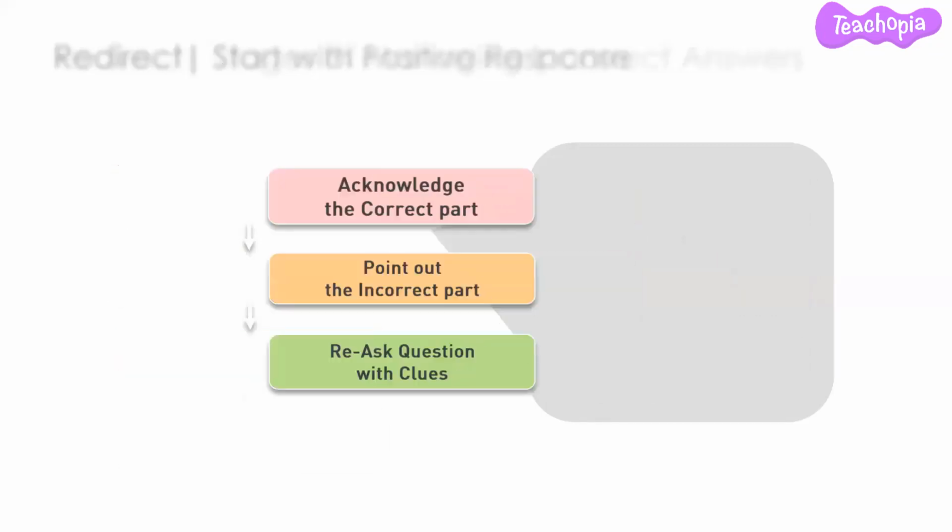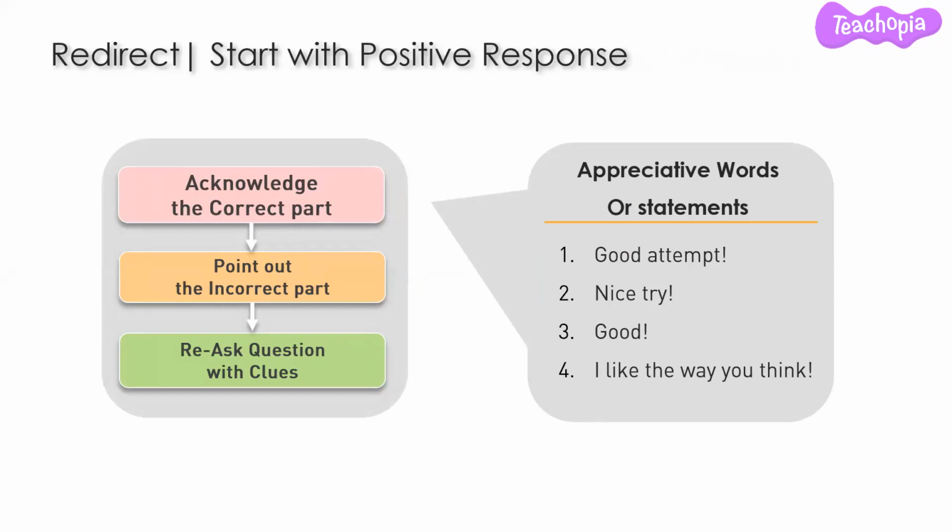The first step is to give out appreciative words or statements, because we know that any given answer must be first positively acknowledged. Yes, the answer coming our way is incorrect and there is nothing to appreciate about. We are not going to say, yes, that is correct, but we are going to appreciate the effort that the student is putting into answering.